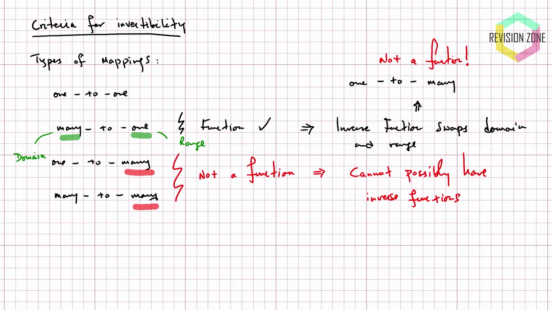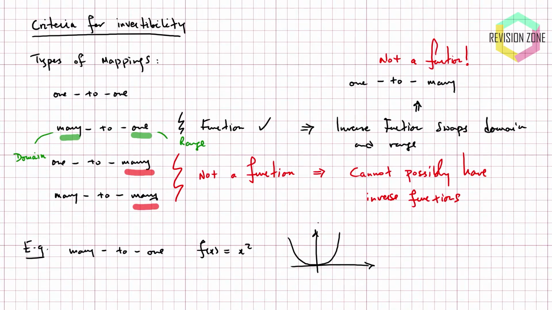So I will give an example of this very quickly. Let's consider, for example, many-to-one. So you might have something like f of x equals x squared, right? And the graph obviously looks like this. So you've got this sort of thing here, right?